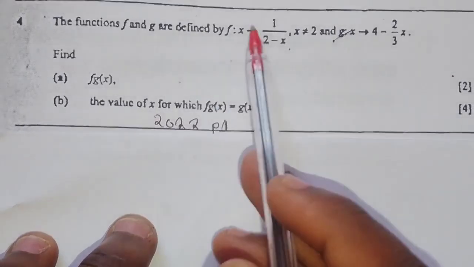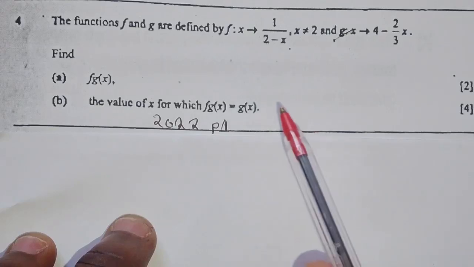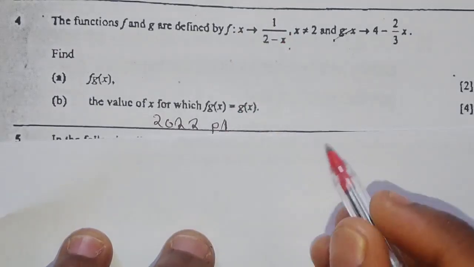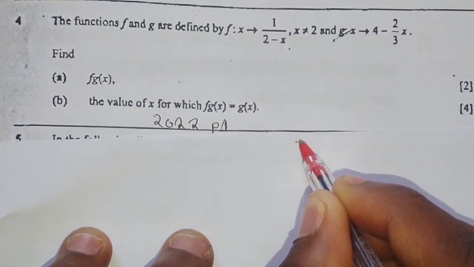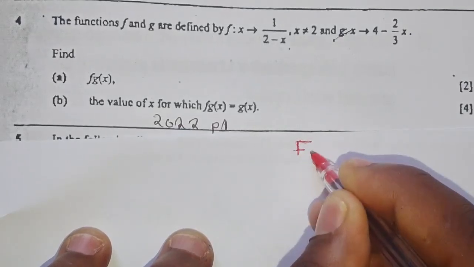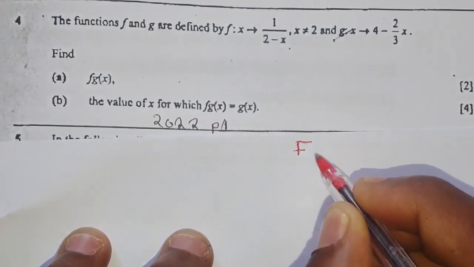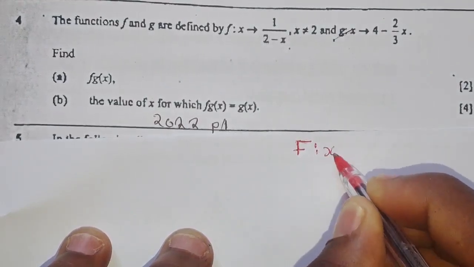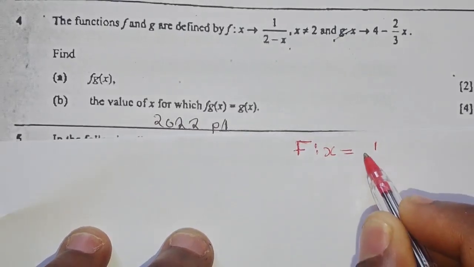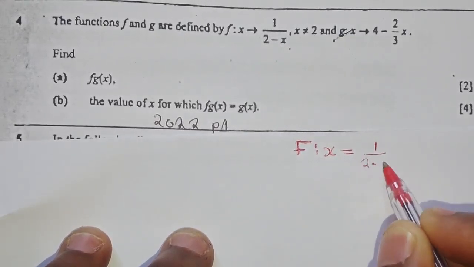So we've been given two important functions. Let's take note of f of x, which is equal to 1 over 2 minus x.